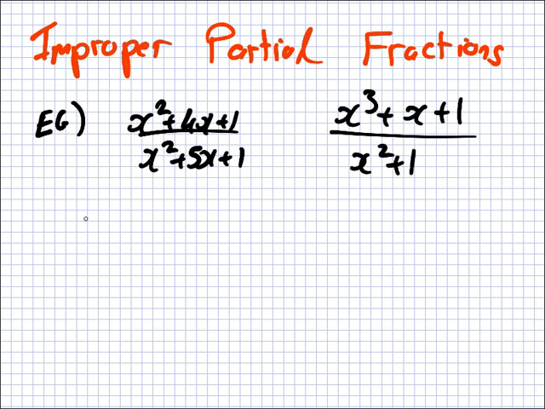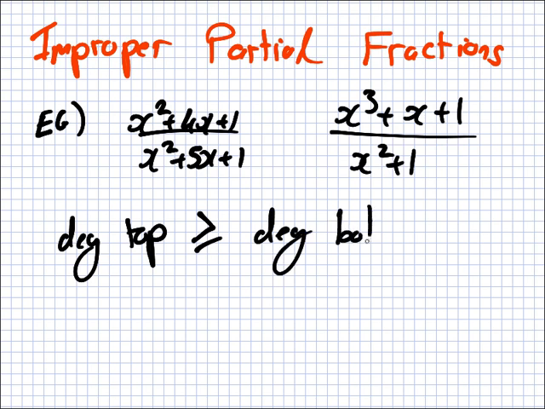In other words, if the degree of the top is greater than or equal to the degree of the bottom, that's called improper. So they're a little bit harder, but not much harder. They just have one extra step.